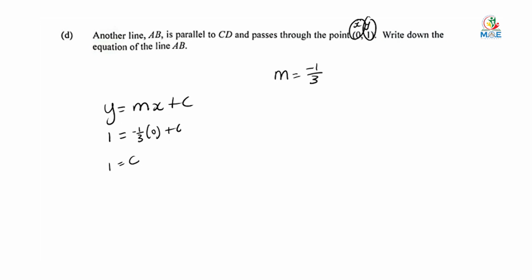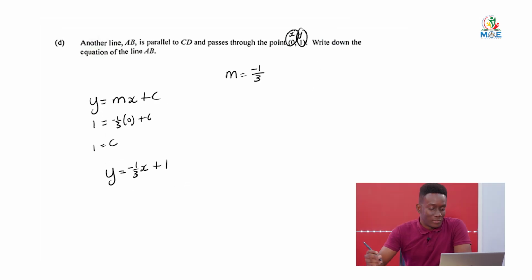So c is equal to 1. So we can say the equation of the line would be y is equal to negative 1 over 3 x plus 1. And that would be the equation of this line that is parallel to CD.